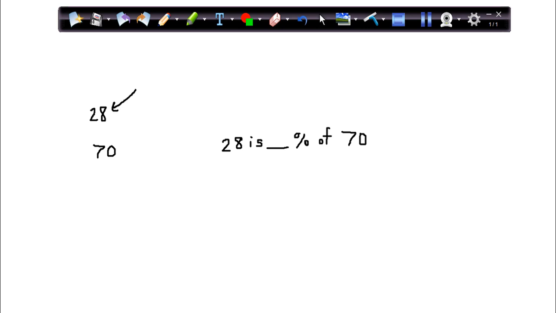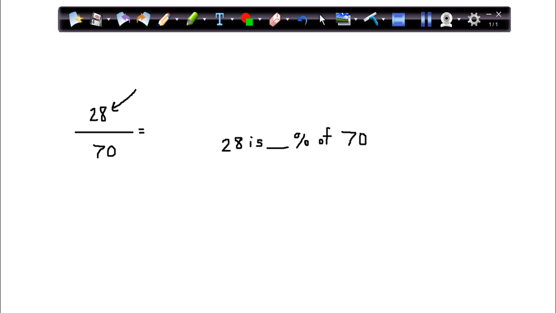Okay. Now look how they did it in the book. They said 28 over 70. And they reduced it. Well, what did they do in the book? Well, if I was going to make this a fraction, the way they did it was, what number goes in both of these evenly?